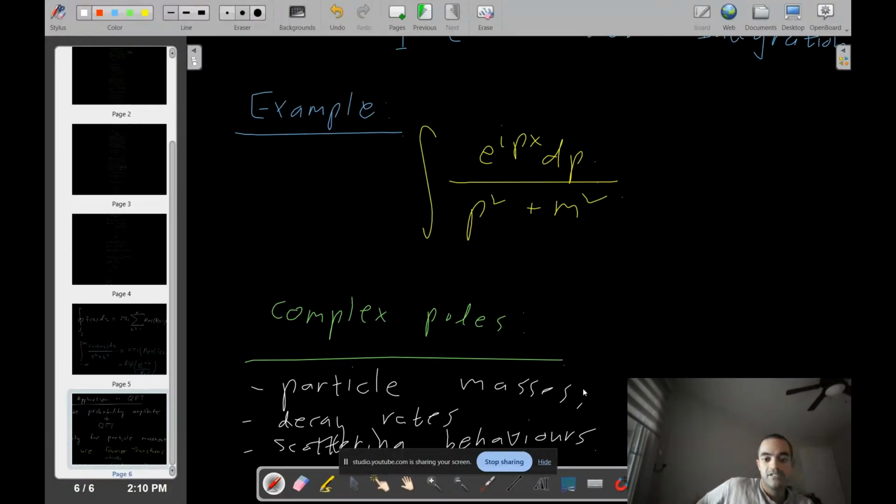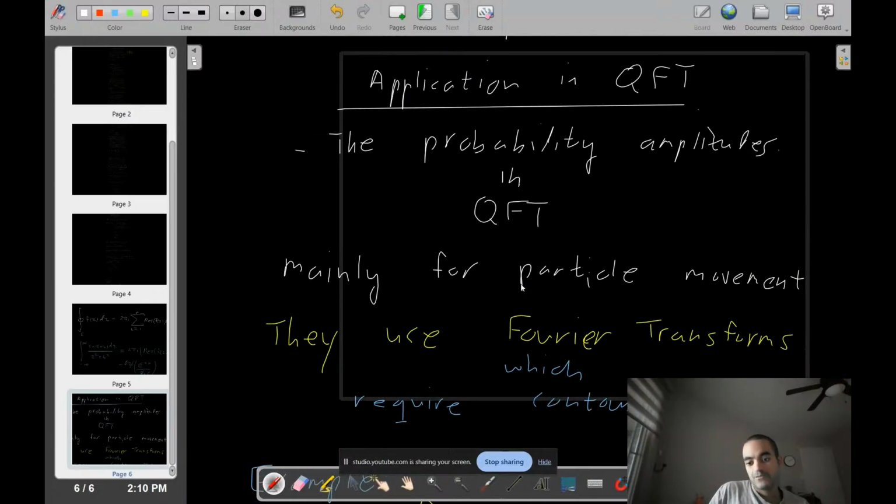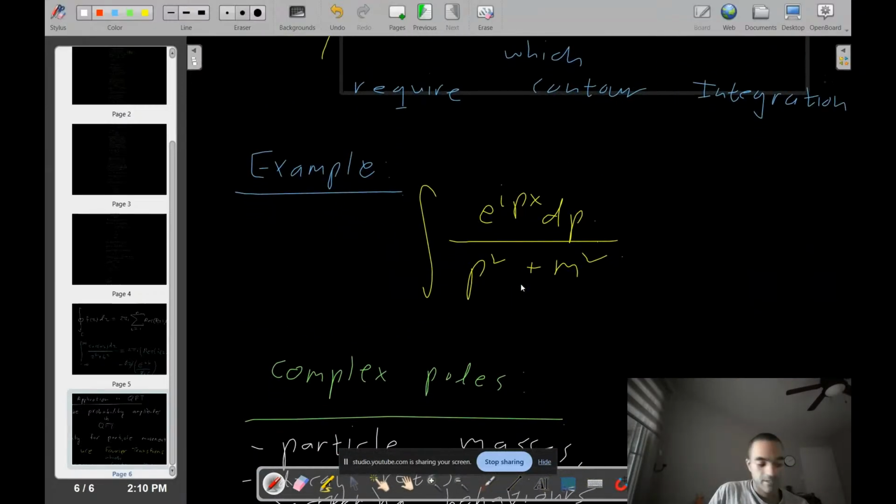Okay, so some really interesting stuff by applying Fourier transforms and contour integration to problems like this.